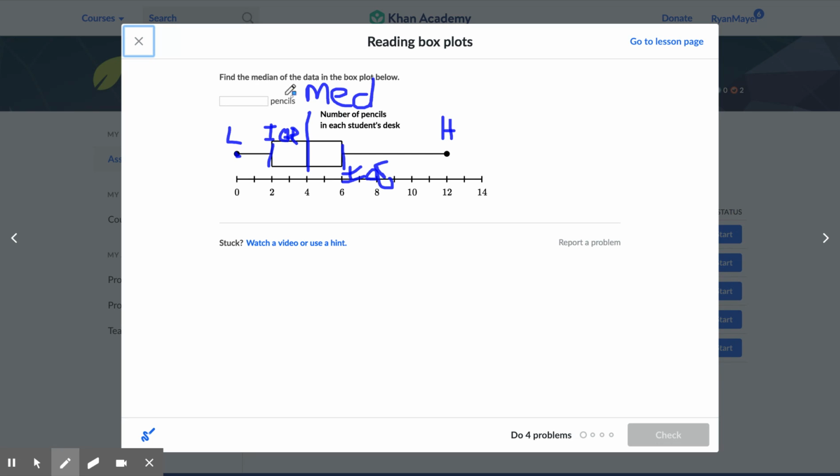Using this information is going to be helpful because once I understand what makes up these box plots, this whole entire lesson is just asking you to basically interpret what you're seeing.